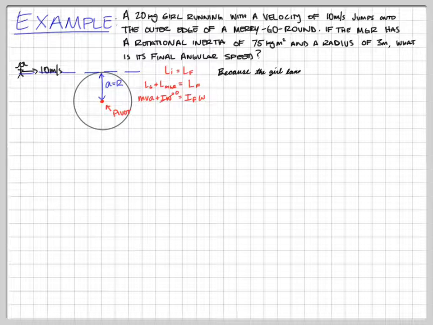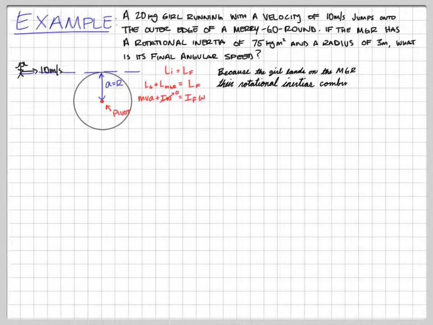Because the girl lands on the merry-go-round, the rotational inertias combine, they add together. So the final rotational inertia is the rotational inertia of the girl plus the rotational inertia of the merry-go-round.